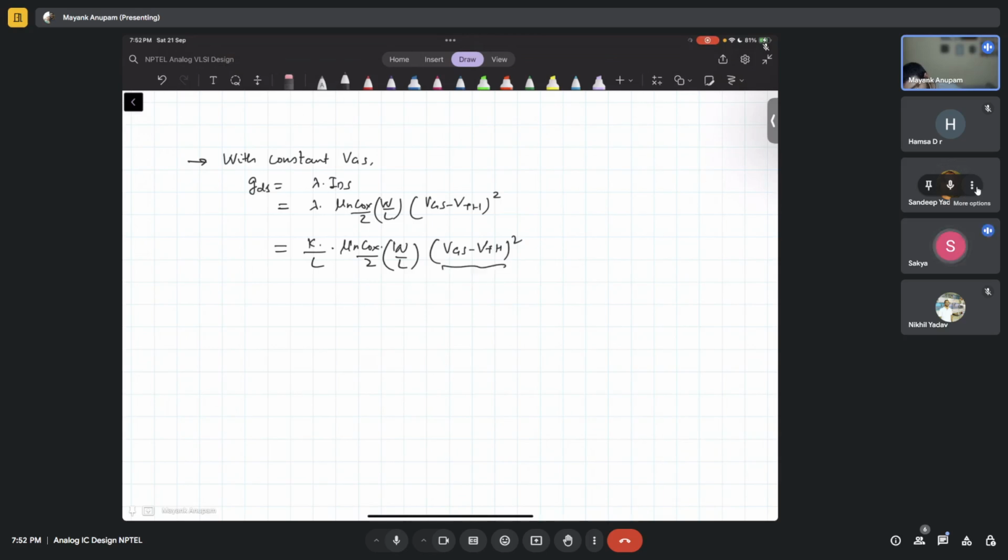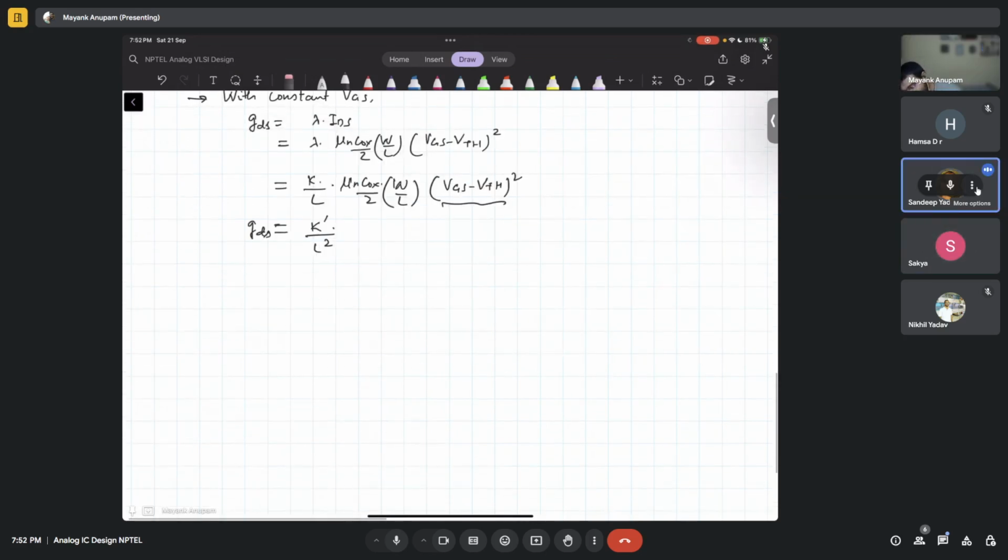This and the VGS term are constant. So GDS will be some k prime divided by L square. So GDS is proportional to 1 by L square, right?